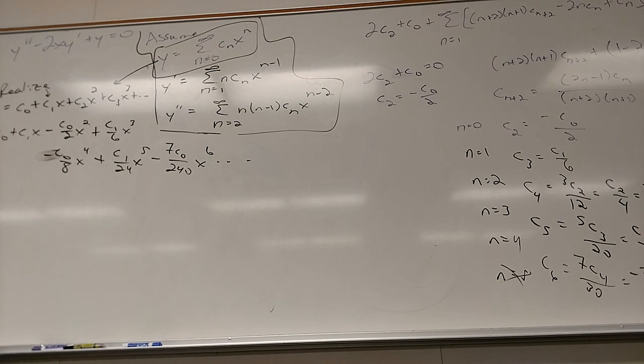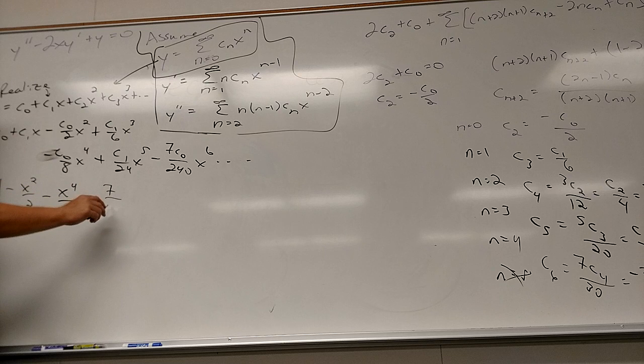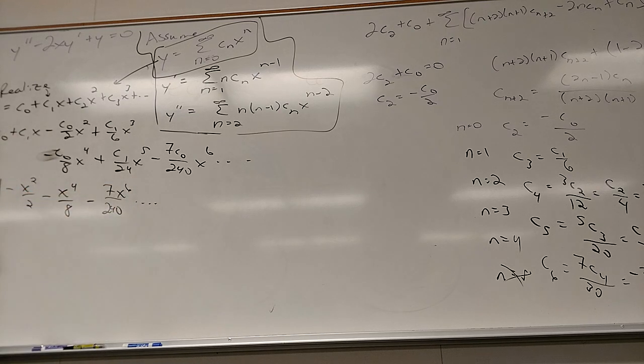So what's one solution by itself? The stuff that's controlled by C0 would be C0 times 1 minus x squared over 2 minus x to the 4th over 8 minus 7 over 240 x to the 6th, blah, blah.